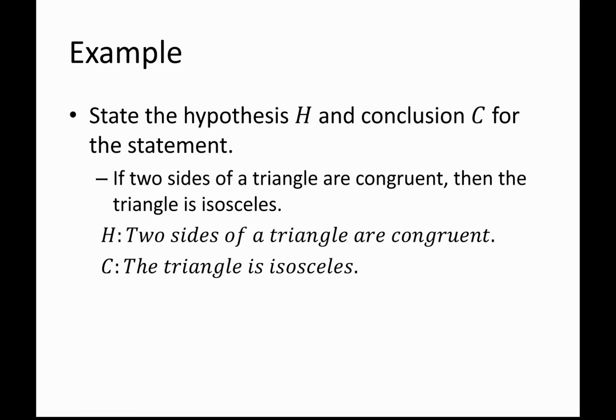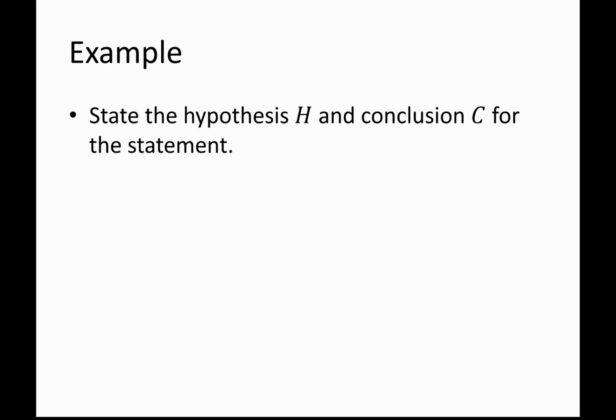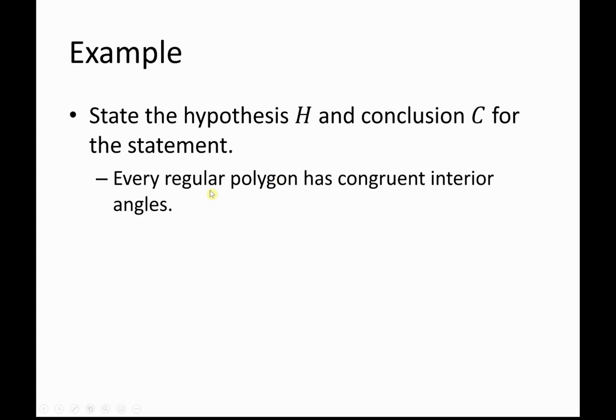Now sometimes the statement you're given is not going to have that if-then structure, so it behooves you to rewrite it as an if-then. Remember all those equivalent forms of the conditional, like P implies Q, every P is a Q, if P comma Q. There was a whole chart in chapter 2.